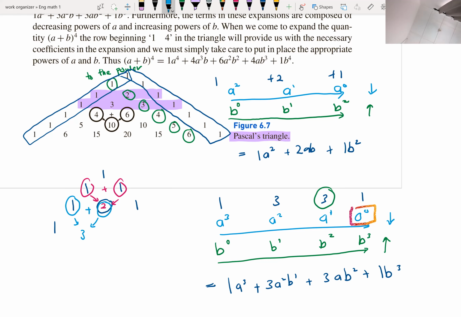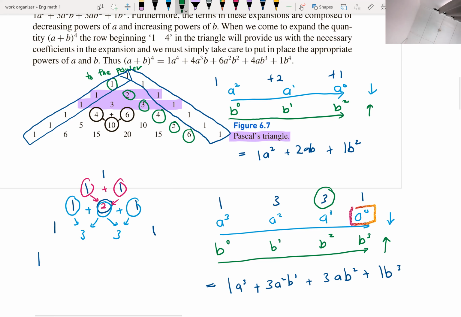And this one plus this one will be 3, ending with 1. Next, start with 1.